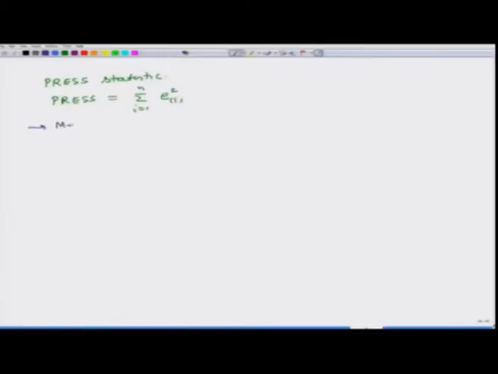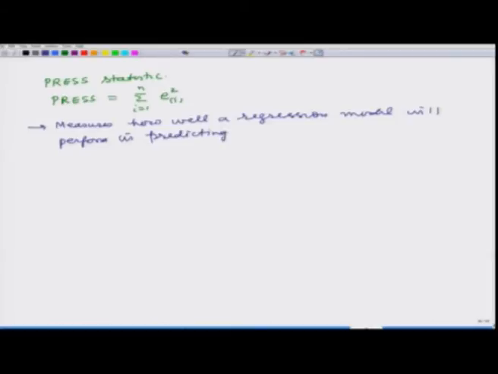This process continues for each observation, and then we find the PRESS statistic. The role of the PRESS statistic is that it measures how well a regression model will perform in predicting new data.